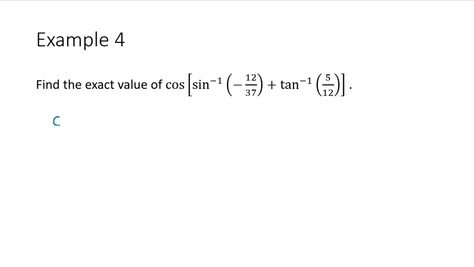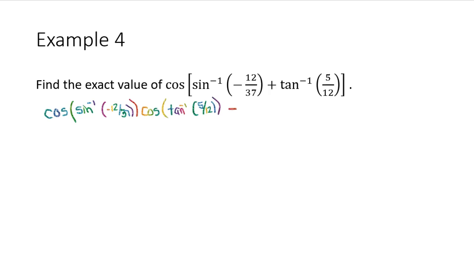All right, so that means I'm going to have the, oops, sorry, I don't want the cosine there, do I? Okay, so I want to have the cosine of the inverse sine of negative 12 over 37 times the cosine of the inverse tangent of 5 over 12.